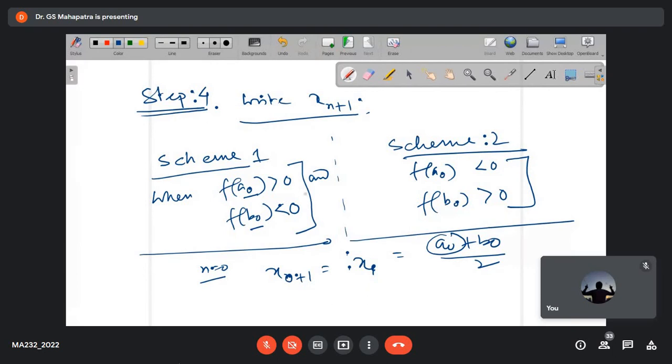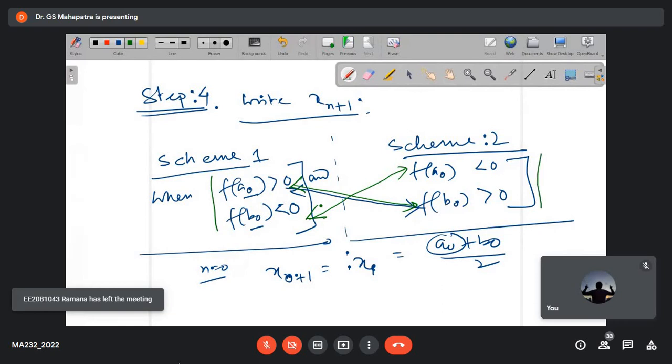But we can't consider the green combination, these two combinations. So either this combination you have to consider or this combination mathematically.